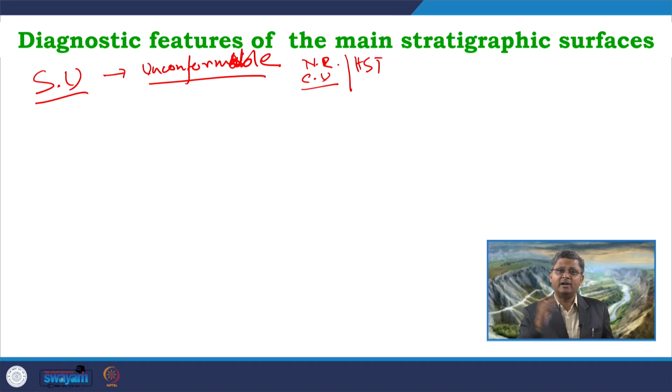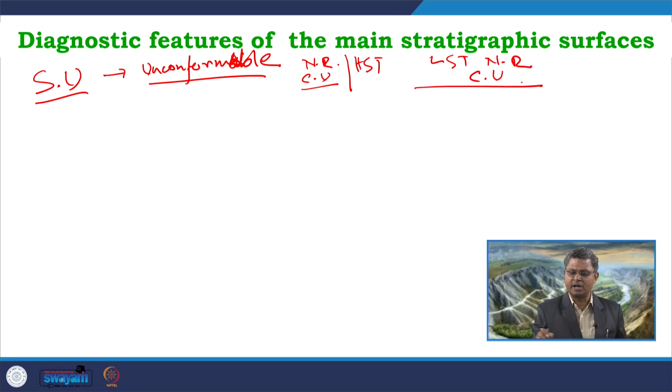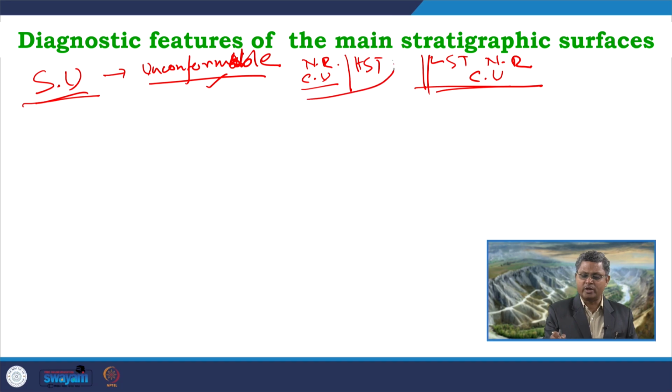What will be overlying the subaerial unconformity? On the subaerial unconformity, we expect LST to occur. That LST will be commonly associated with a normal regression, and normal regression means it should be a coarsening upward succession. So, subaerial unconformity is an unconformable contact associated with these kinds of packages overlying and underlying.